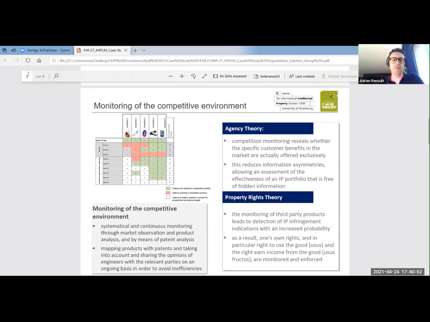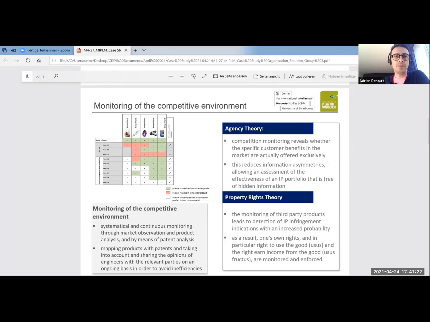One further aspect of this center will be the monitoring of the competitive environment. To do so, you need to do an analysis of the different products of the competition, of third parties, and assess whether these products realize the different features or customer benefits that are important for your unique selling proposition.